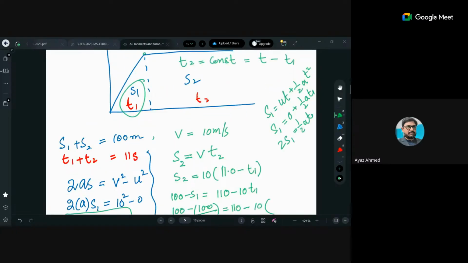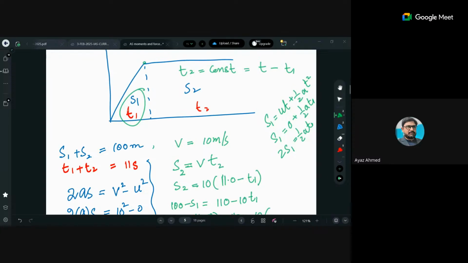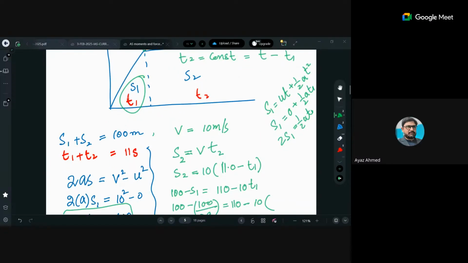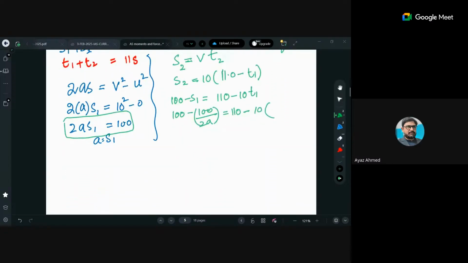Just a second. S1 is equal to 100 divided by 2a, and S2 is equal to 10 into T2.